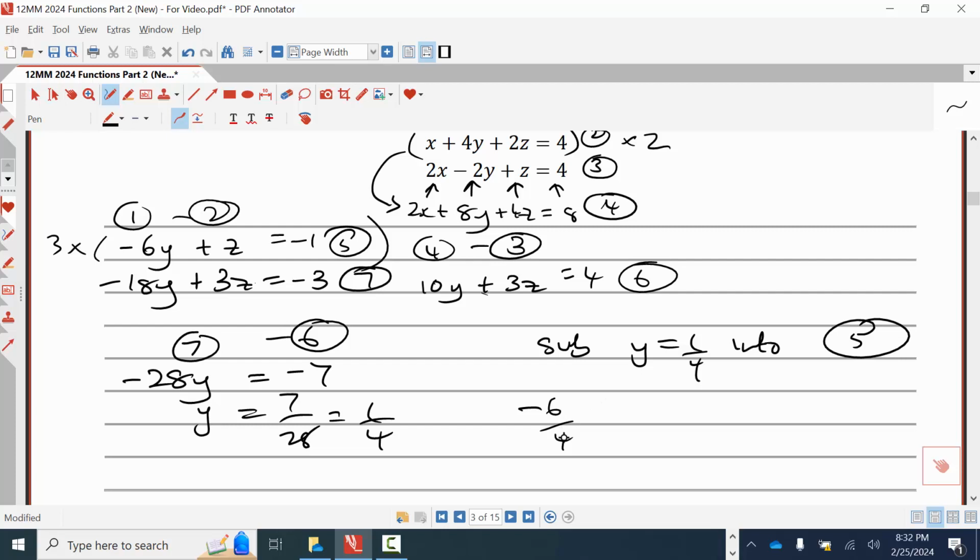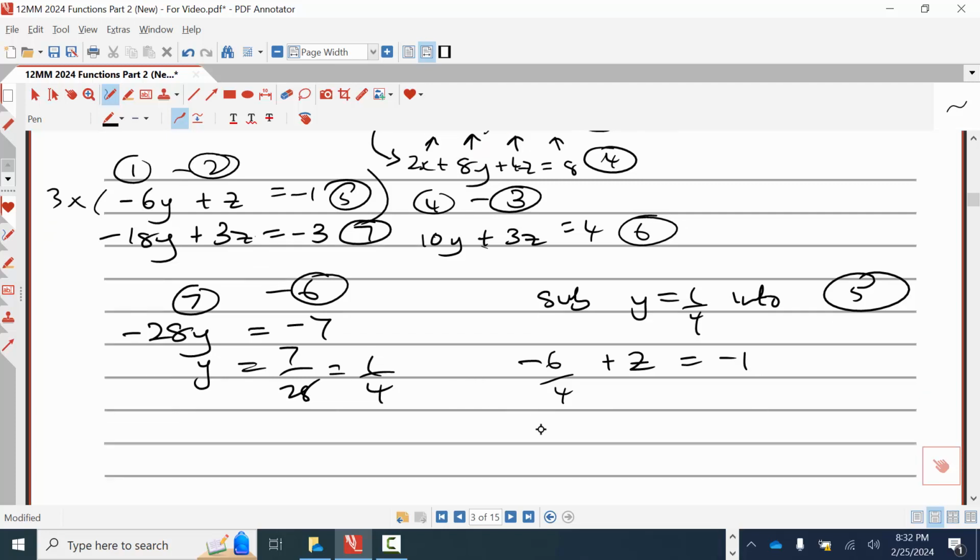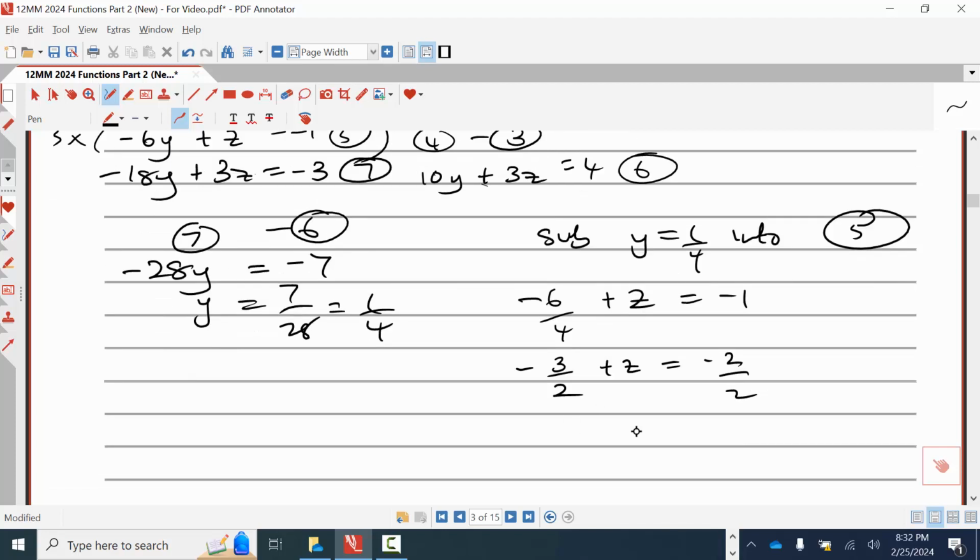Negative 6 on 4 plus z equals negative 1. Negative 3 on 2 plus z equals negative 2 on 2. Z equals a half.